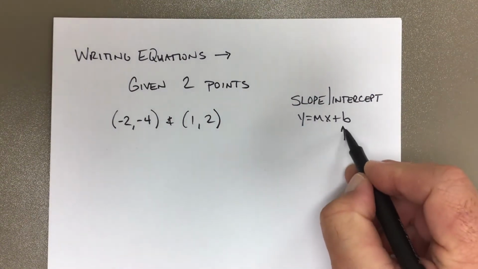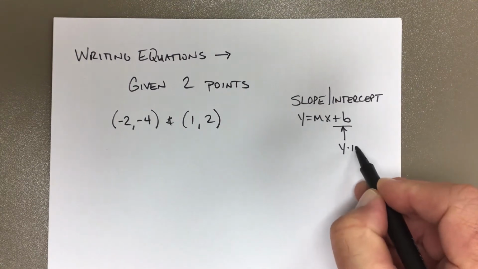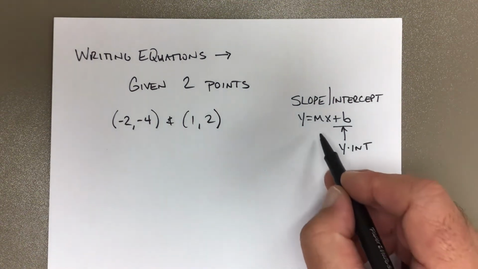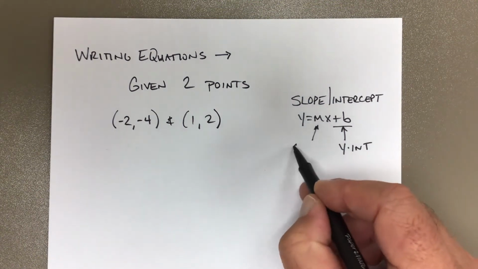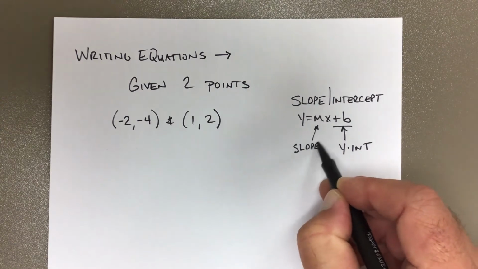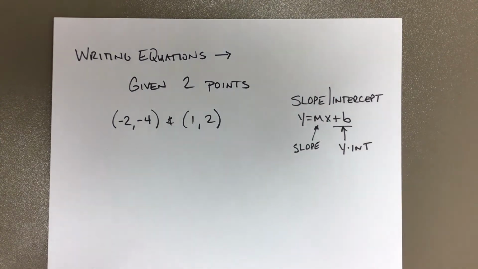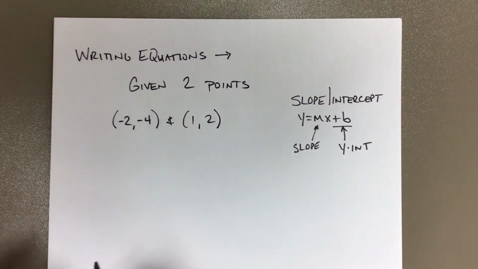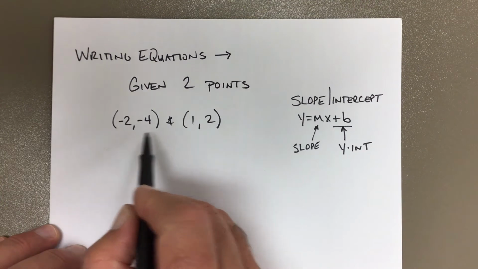B is your y-intercept, so where this line crosses the y-axis, and m is your slope. Now, we can find slope given 2 points, right? But we don't know how to find this b. So why don't we take a look at what else we have here?